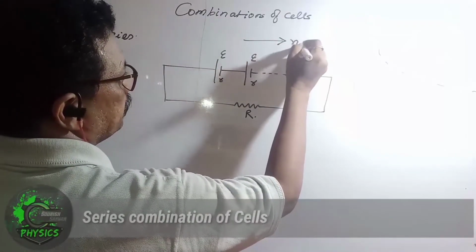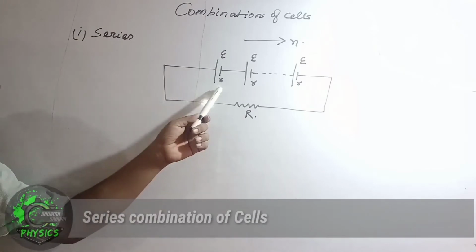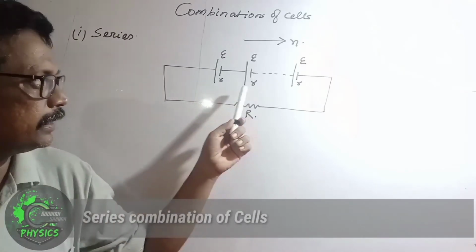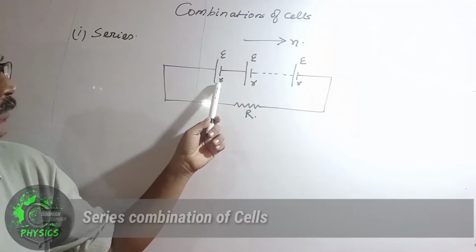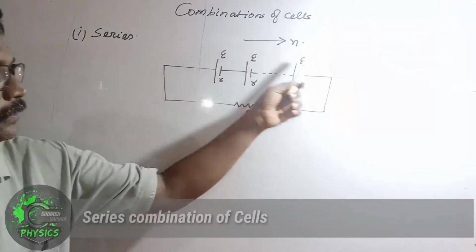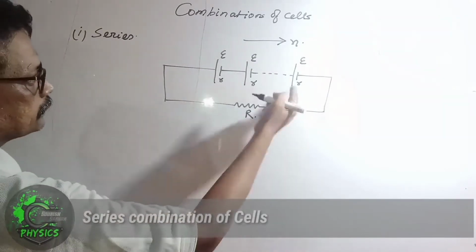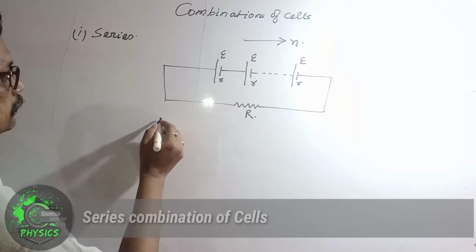Let there be n cells in series. If we consider each cell as a resistance of value small r, then the total resistance for these cells will be n into r, because a number of resistances are connected in series.